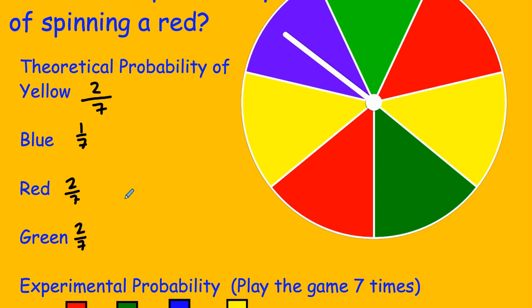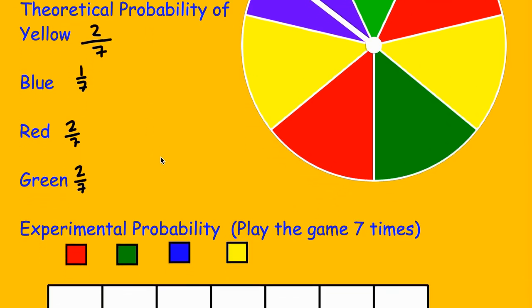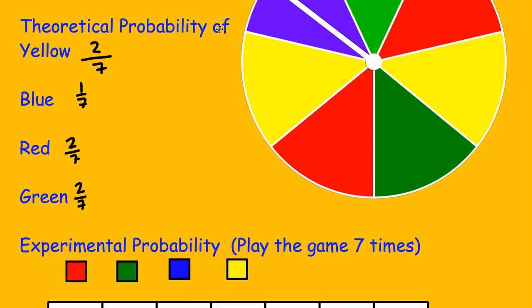All right. And then for experimental probability, that's, again, what actually happens. Theoretical is what we expect to happen. Experimental is what actually happens. So I'm going to move this a little bit here. Okay, let's see. 7 times. Okay, so we got green first. And then another green.